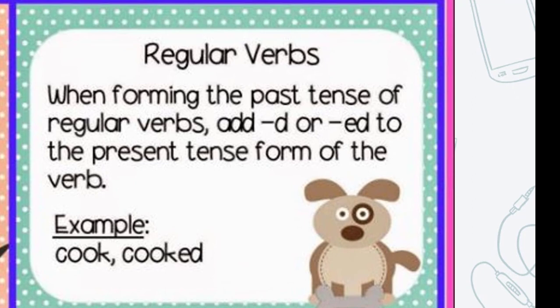When we form the past tense with the regular verbs, we add d or ed at the end of the verb. Siempre que nosotros formamos los verbos regulares, le agregamos d o ed al final del verbo. For example, cooked, cooked. ¿Listo?